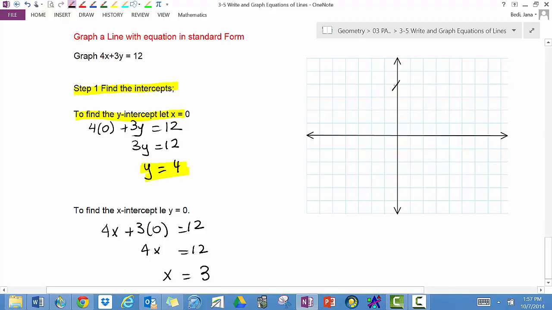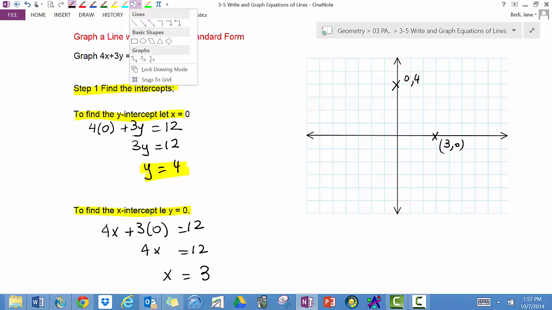So I'm going to plot this point here, (0, 4). And to find the x-intercept, you let y equal 0. So here we go. So your x-intercept is (3, 0). And note we didn't need the slope or anything here. And we will construct a line.